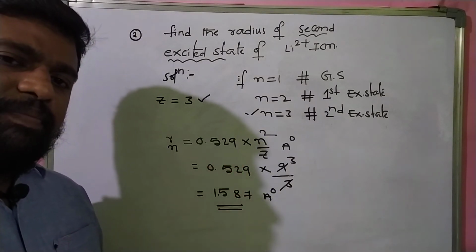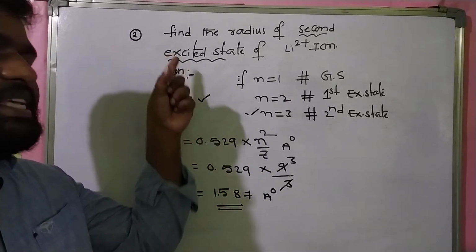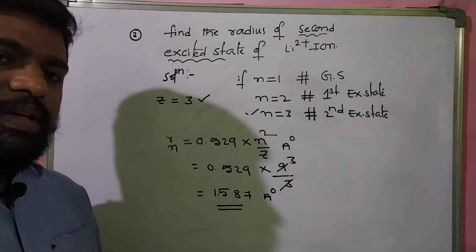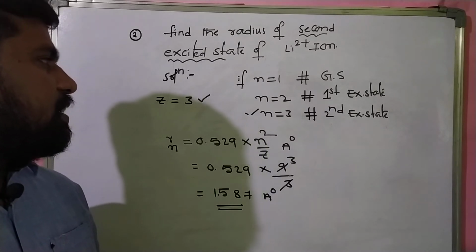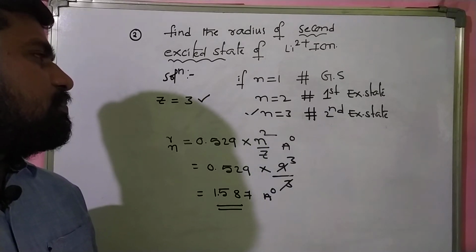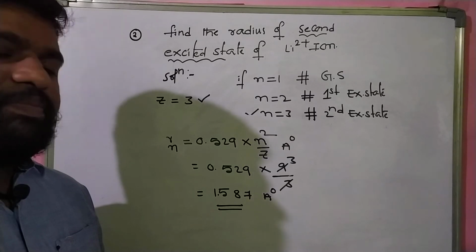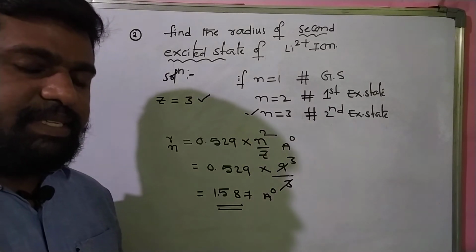Very very important, a very simple way by which we can find the radius of any desired one electron species.